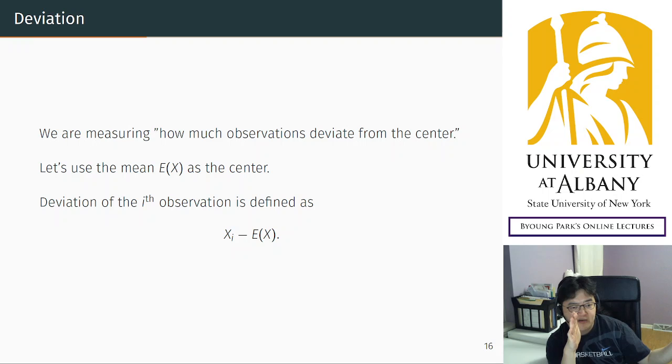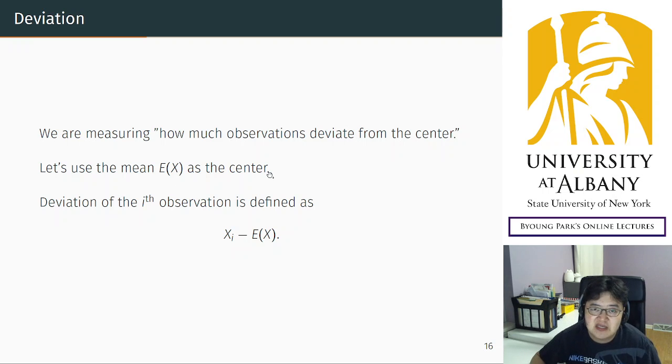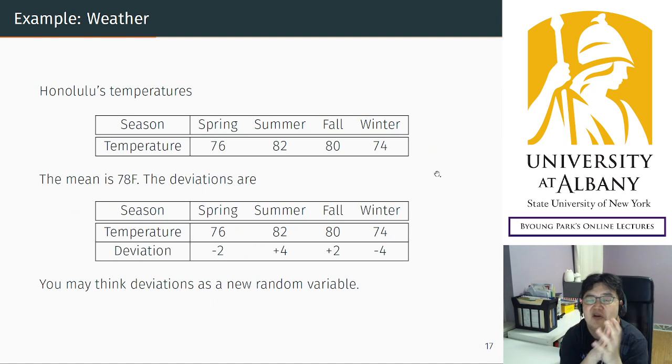So there are 100 distances. We call the distance the deviation. Deviation is defined as an observation minus the center. It's the distance, so the difference is the deviation. Let's think about a simple data set.